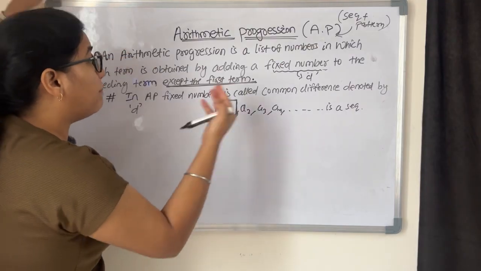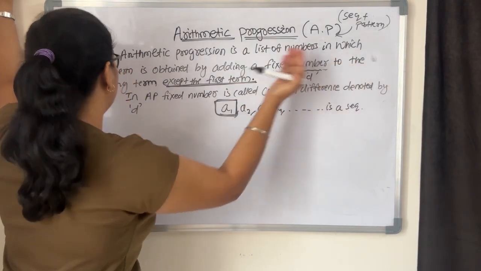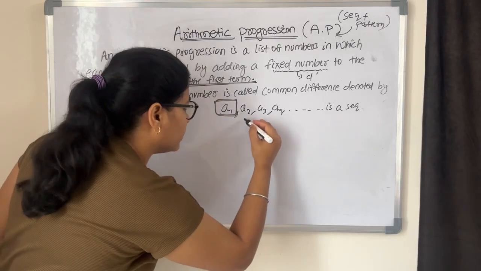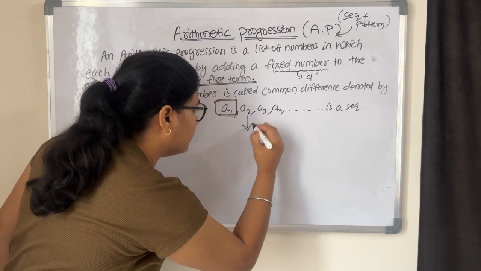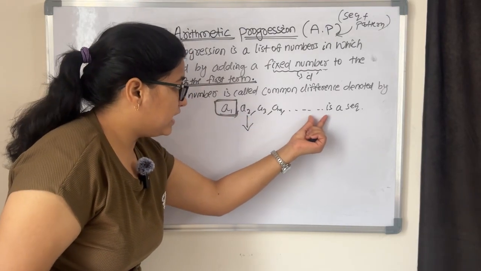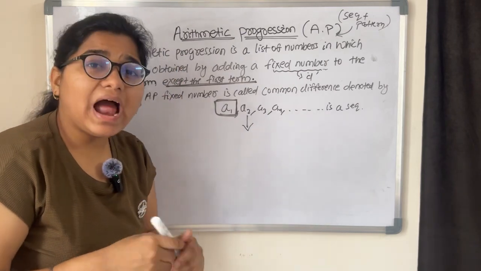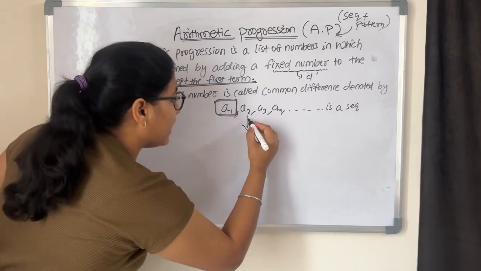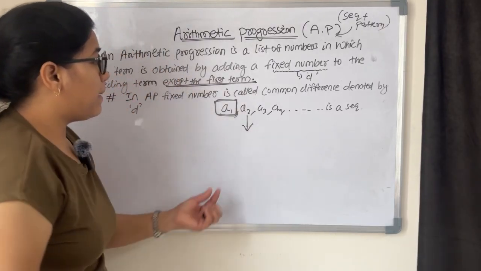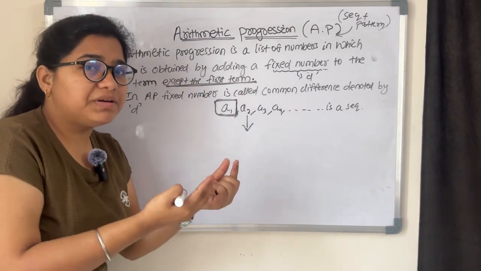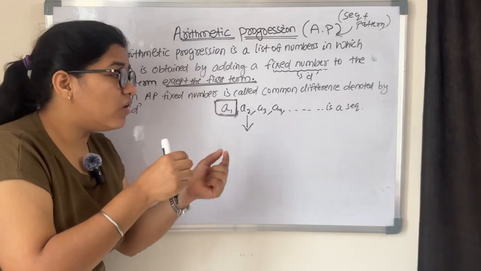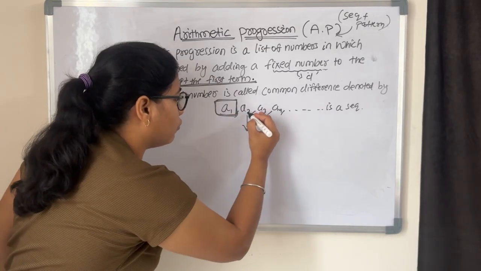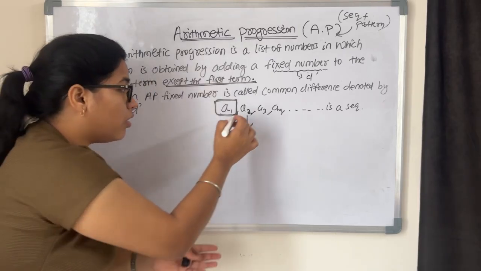Each term is obtained by adding a fixed number to the preceding term. Means we need to check whether these terms are obtained by adding a fixed number to the preceding term. Means A2 is obtained from the preceding term, means the term before that term, that is A2. What is the term before A2? A1.